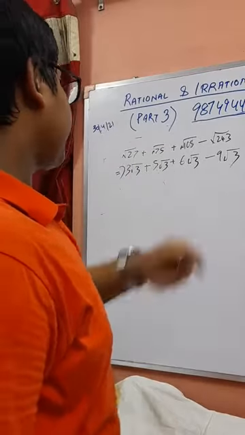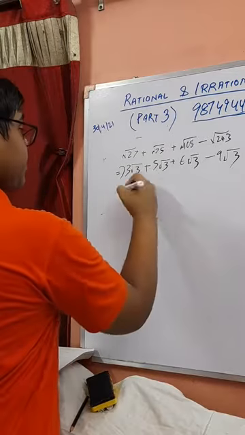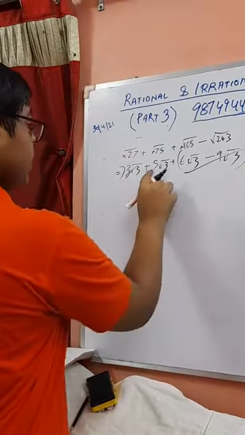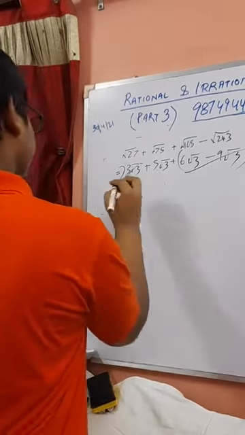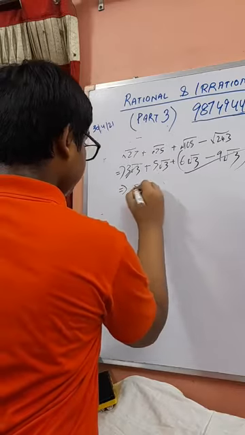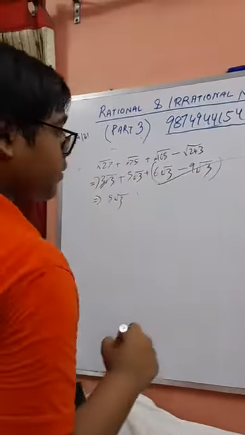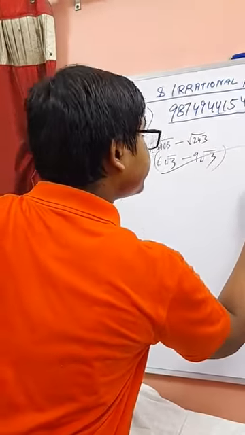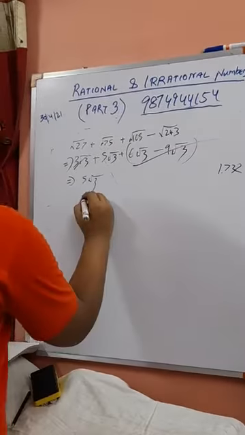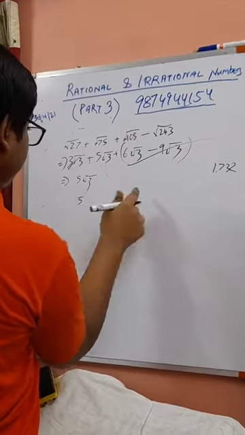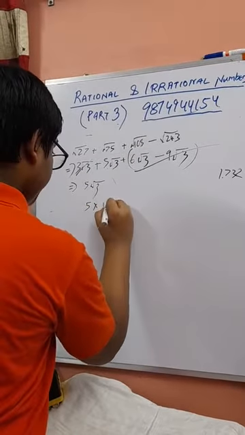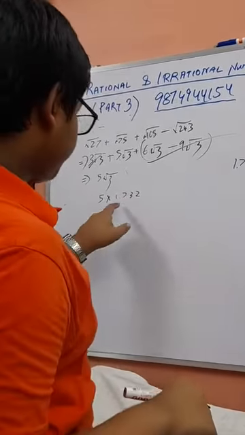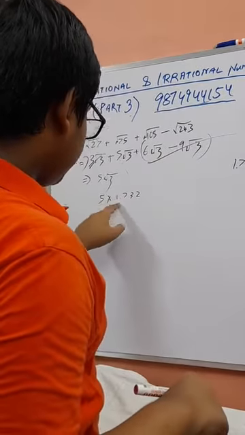Now the 3 root 3 and minus 3 root 3 cancel out, and 5 root 3 is the remaining one. Here we have been given the value of root 3 as 1.732. We will multiply 5 into 1.732, which will give us 8.66.